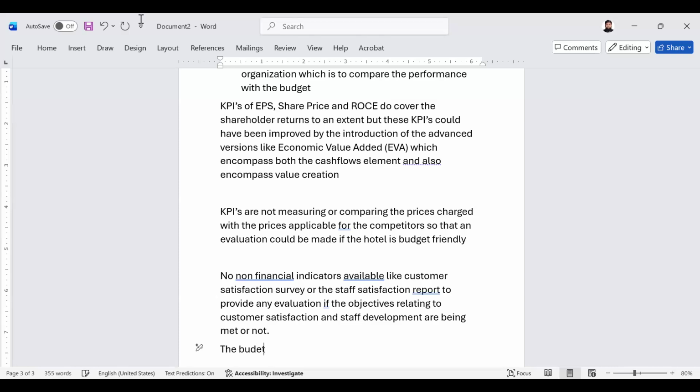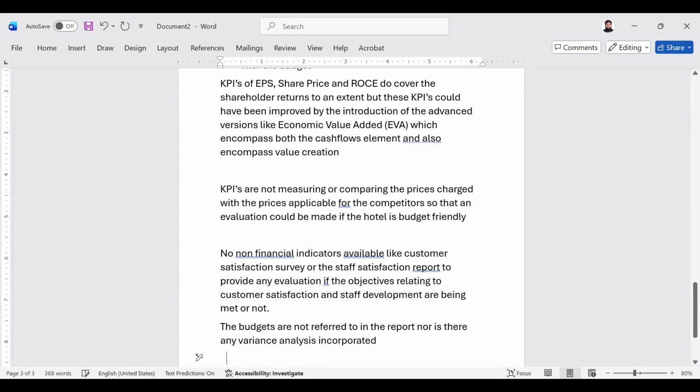The budgets are not referred to in the report, nor is there any variance analysis incorporated.